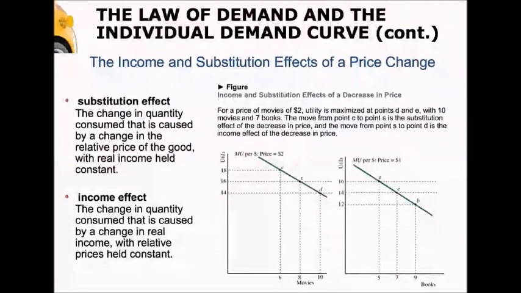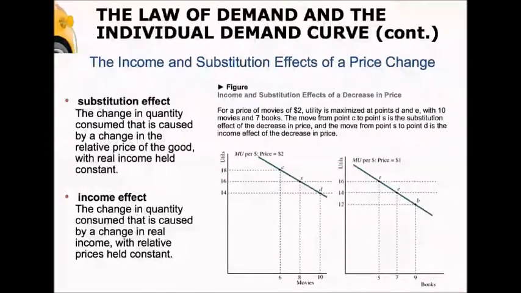This thought experiment is going to separate the substitution effect from the income effect. Now, the income effect is the change in the quantity consumed when your income changes. What's happening is our real income is actually changing. Because the prices have gone down, we can afford to buy more with the same budget and the same income. So let's get rid of the income effect.